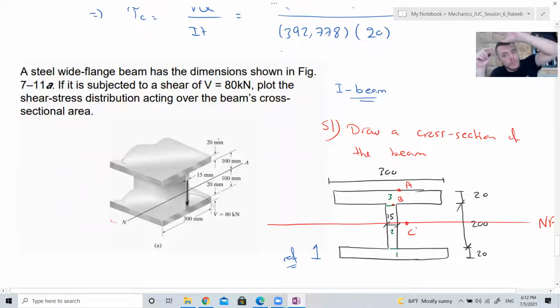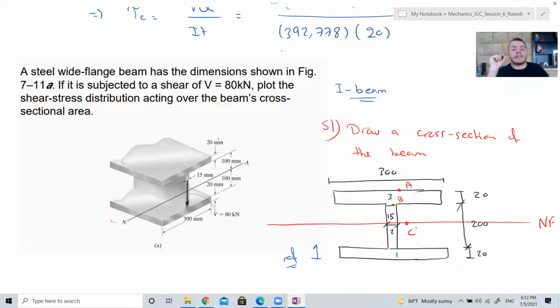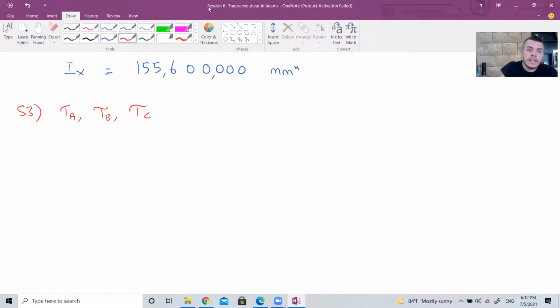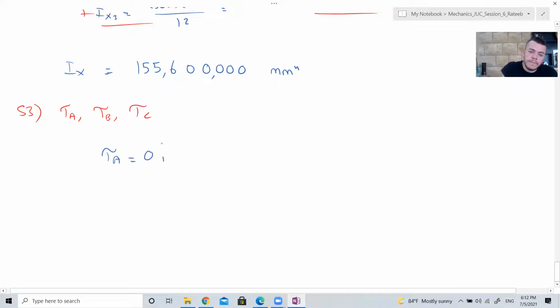So you need to find the shear stress at A, at B, and at C. What is the shear stress at A? 0. We agreed before that tau A is 0 because it is on the upper extremity.